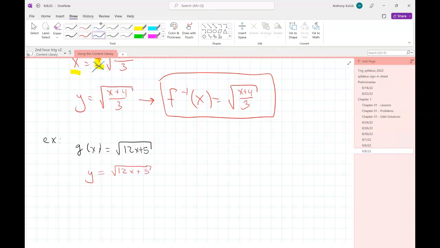What do I need to do to get the x by itself? Nope, not adding 5. Why couldn't I? You'd really want to say subtract 5. Yeah, but that's what I asked. But we can't do that because the square root's in the way. We have to get rid of that square root part first.